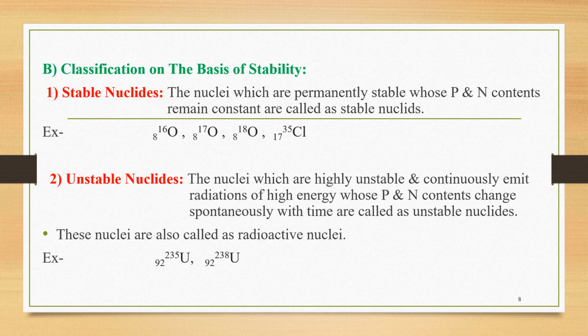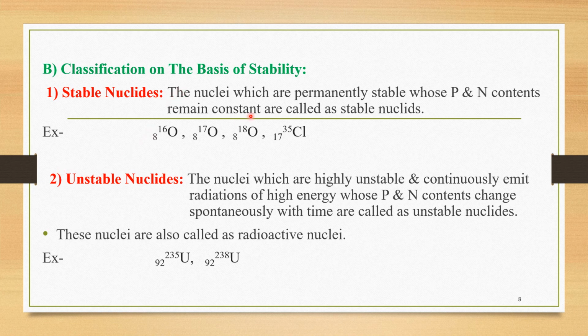Now the next classification of these nuclei is on the basis of stability. On the basis of stability, the nuclides are classified into two important types. One is stable nuclides and the second is called unstable nuclides. Now what is meant by stable and unstable? So let's look at their definitions.